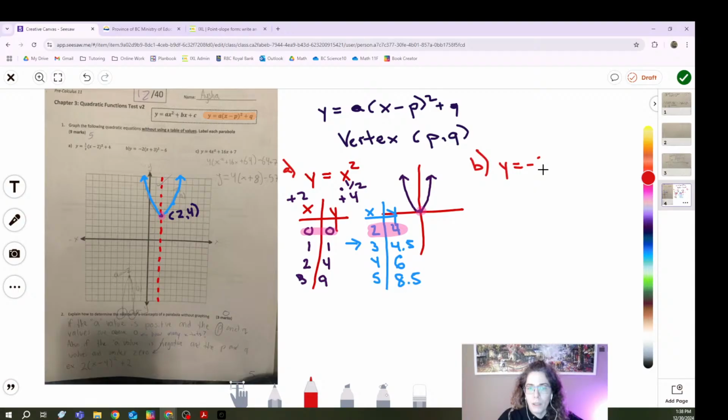Again, if we look at our base points from our original graph, 0, 0, 1, 1, 2, 4, 3, 9. These are always your base points on a parabola. What are we doing to the x value?